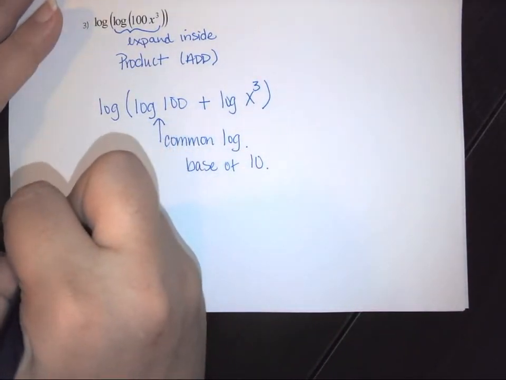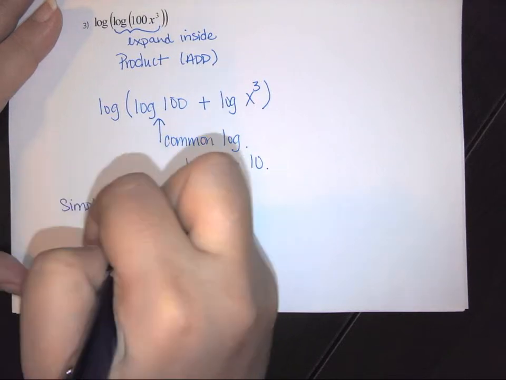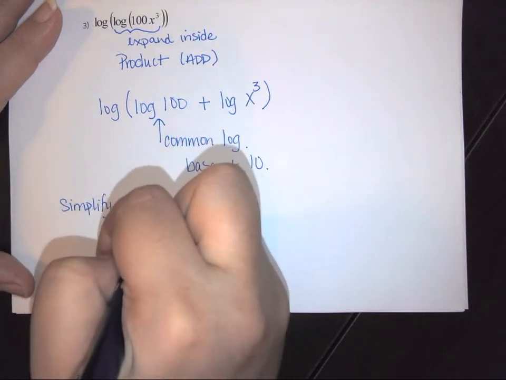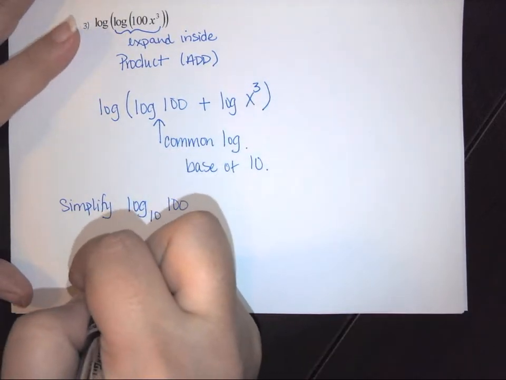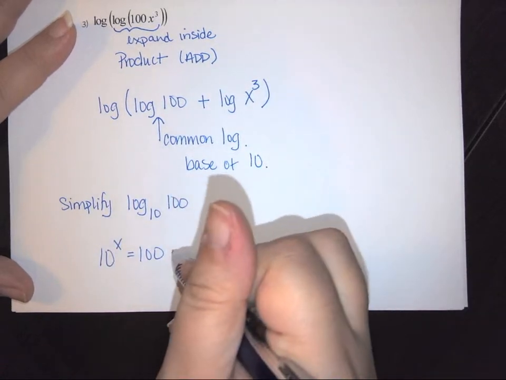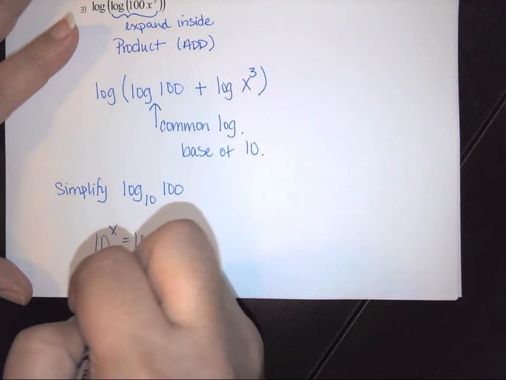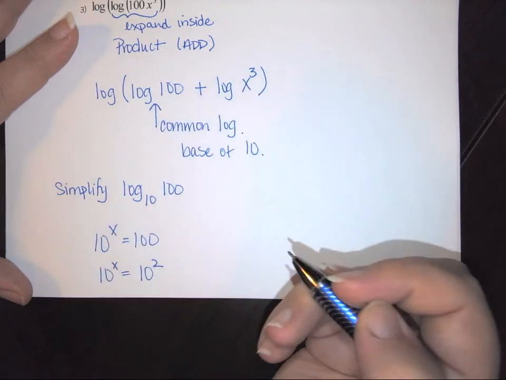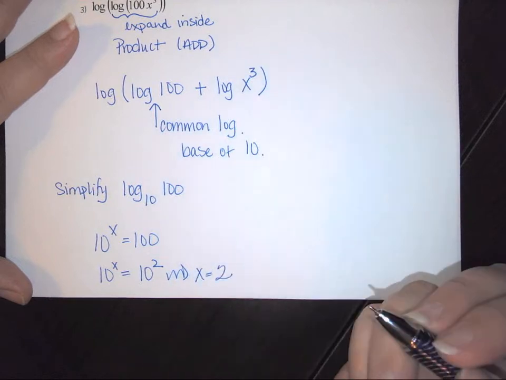Here we're looking to simplify your log base 10 of 100. Again, this is 10 to the x is equal to 100. 100 can change, so this becomes 10 to the x equals 10 squared. Therefore, it gives us that x is 2.